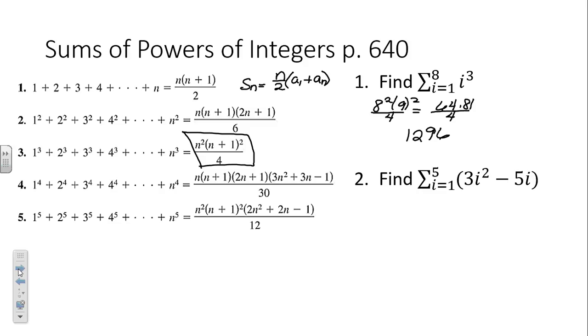So we can split it up, and we can say that this is going to be 3 times the sum as i goes from 1 to 5 of i squared, minus 5 times the sum as i goes from 1 to 5 of i. We can pull the 3 and the 5 out in front and make them two separate summations. So now use your i squared and your n formulas.